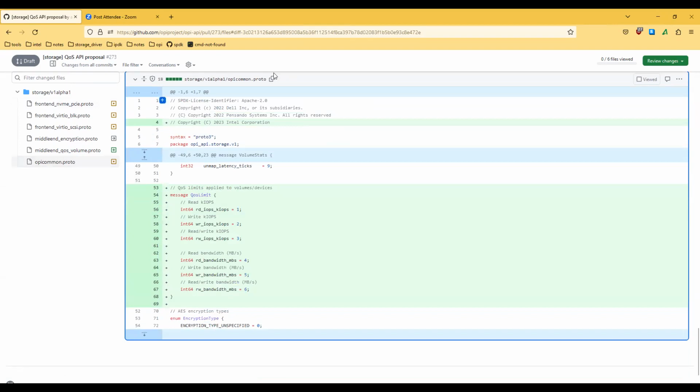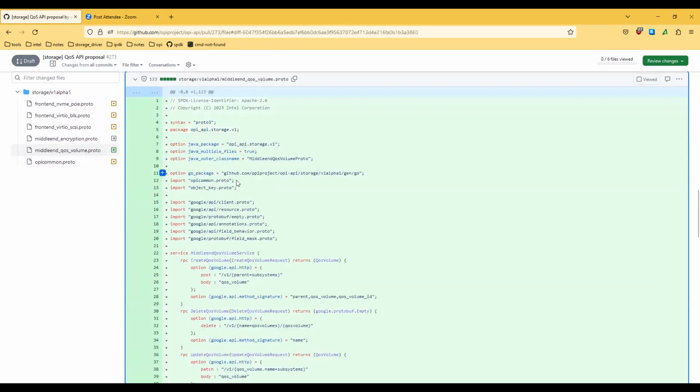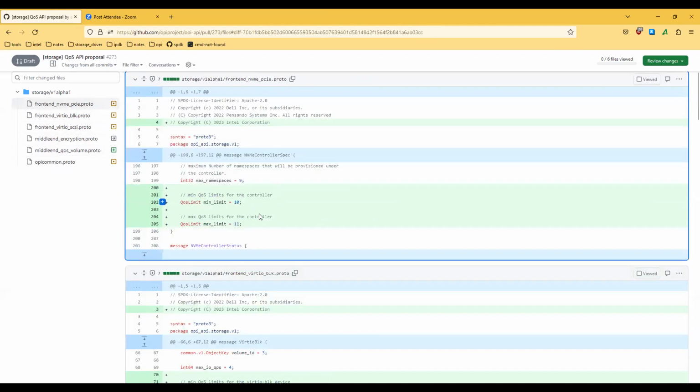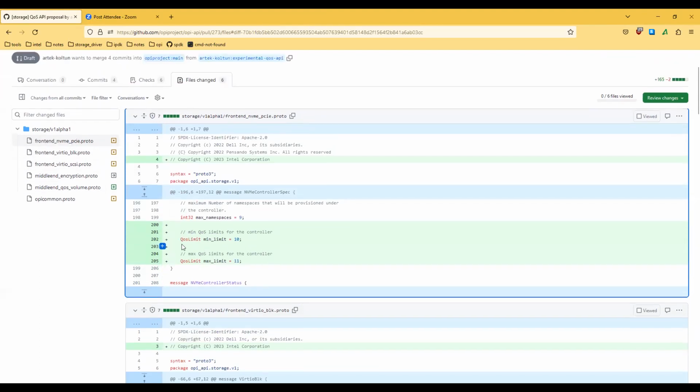Because QoS limit can be applied, those settings can be applied on volume level by means of this service, right? So we can attach to a remote NVMe controller, which exposes some namespaces, right? And we can apply those QoS on a specific volume exposed by that device, right? But if you talk about device, it means that we apply those QoS on all namespaces attached to that controller.